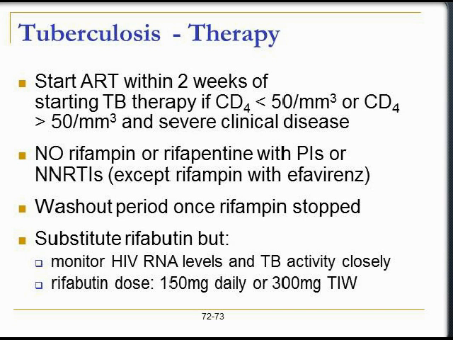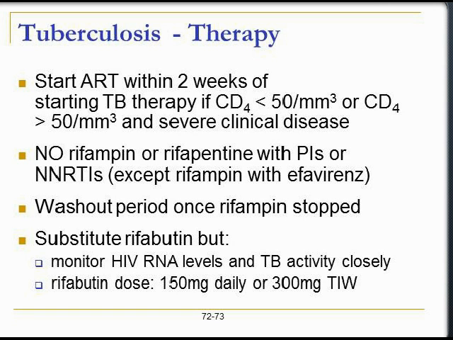Now, what do you do in the HIV-positive patients? Well, you want to start antiretroviral therapy within 2 weeks of starting TB therapy. You don't want to use rifampin or rifapentine if a patient is on PIs or non-nucleoside reverse transcriptase inhibitors. The only exception is you can use rifampin with efavirenz, but otherwise you cannot use rifampin with non-nukes or PIs.